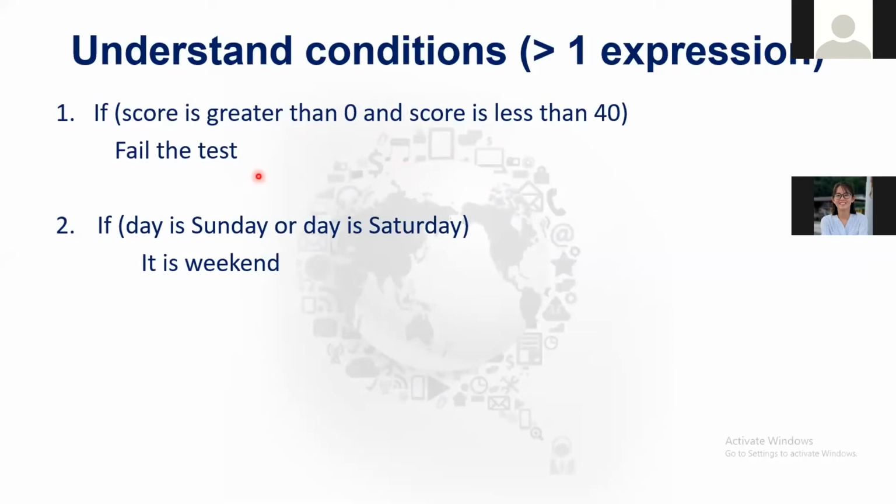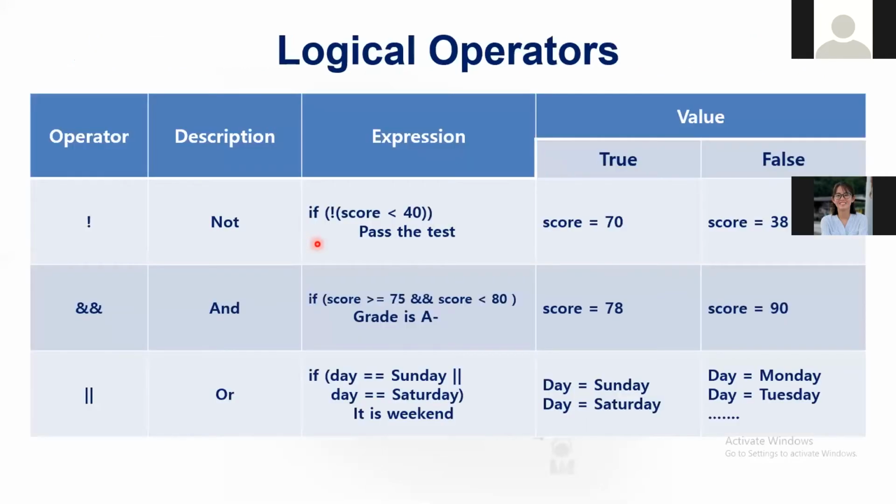So these are the conditions that you must check. Next is the or. If it is Sunday or it is Saturday, then it's a weekend. Of course, you can say Sunday and Saturday are a weekend also. But if let's say you want to check whether Sunday or Saturday is a weekend, then you can use the or value.